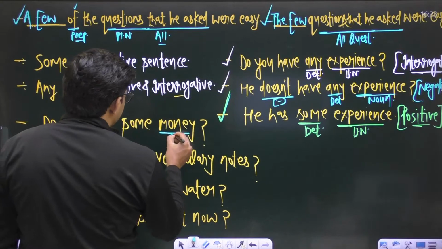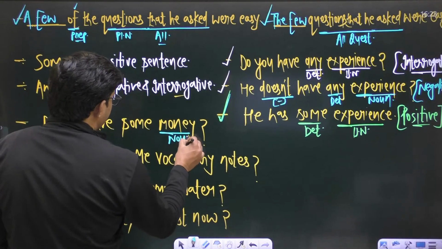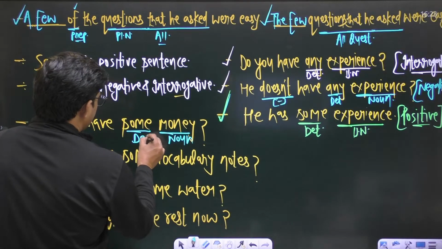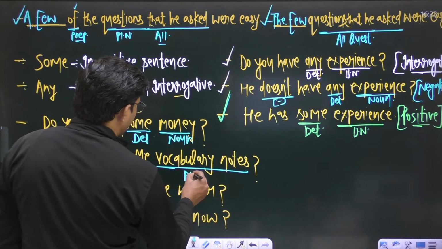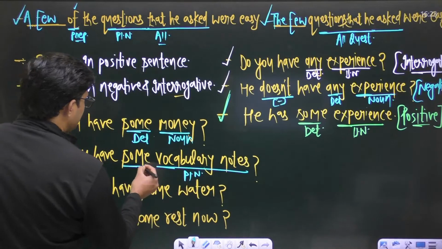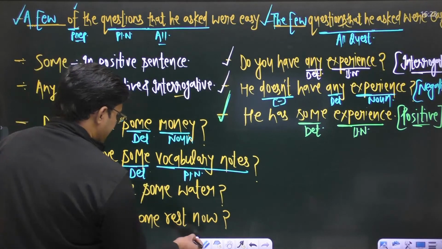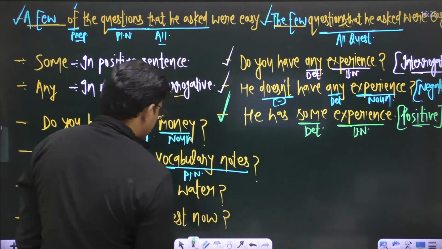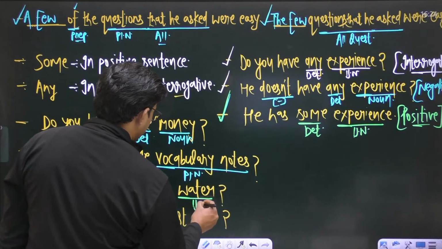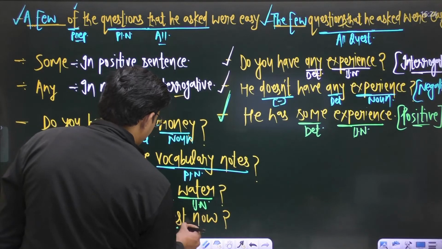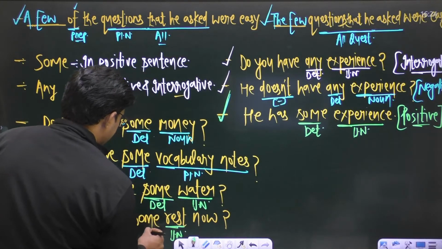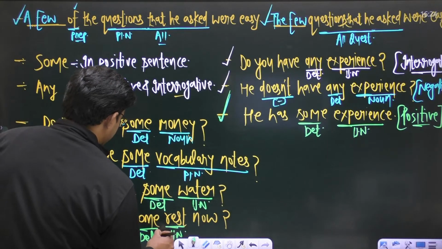In the first, before this noun you have a determiner some, right? In the second sentence, before this plural noun vocabulary notes, you have a determiner some. In the third sentence, before this uncountable noun you have a determiner some, and before this uncountable noun rest, in the last sentence again you have a determiner some.